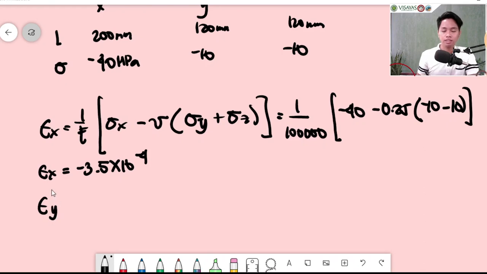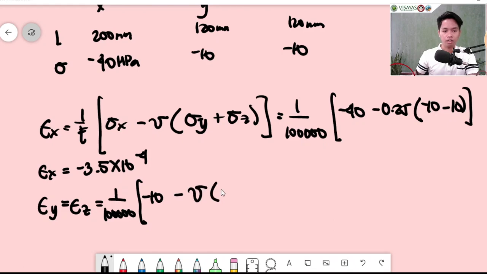So, in this case, since cylinder man ni siya, ang ato ang strain at Y and your strain at Z are both equal. Same dimension, same stress, so equal gihapon na siya. So, therefore, that would be equal to 1 over 100,000 multiplied by negative 10 minus 0.25 times negative 40 minus 10.